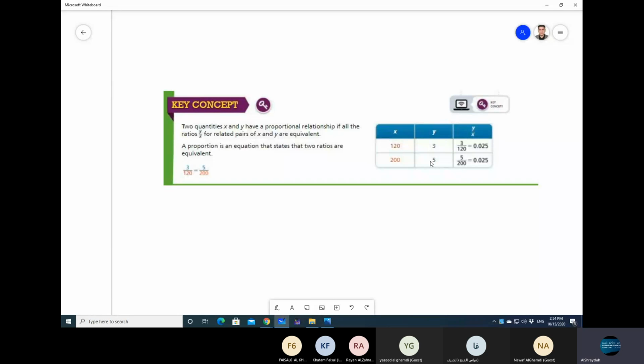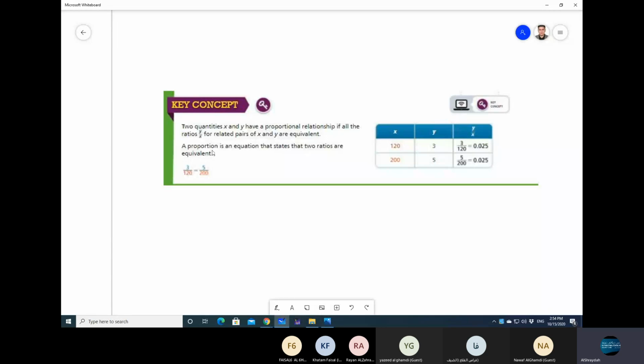If you simplify it, you will find that the first ratio equals 0.025, the second ratio equals 0.025, which means that we have equivalent ratios. If we have equivalent ratios, we can say that the relationship between x and y is considered to be proportional.